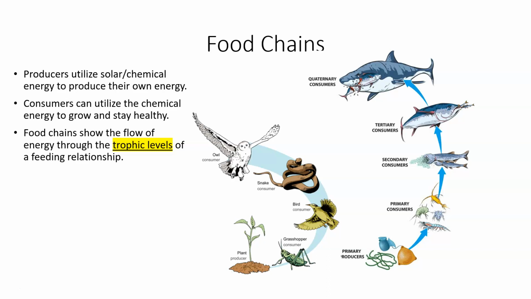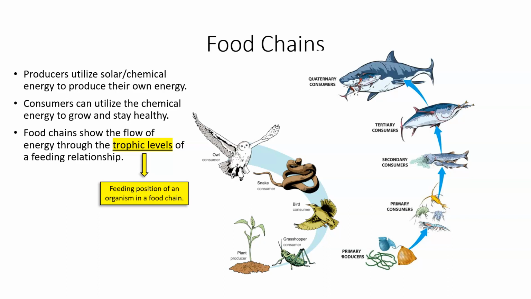But food chains demonstrate the flow of energy in a one-way direction from a producer organism all the way up to the top consumer. Food chains, for a variety of reasons which we'll get to later in the lecture, can be of different lengths, but they can only reach a maximum length of 5 trophic levels. And what is a trophic level? A trophic level is the term used to refer to a feeding position.